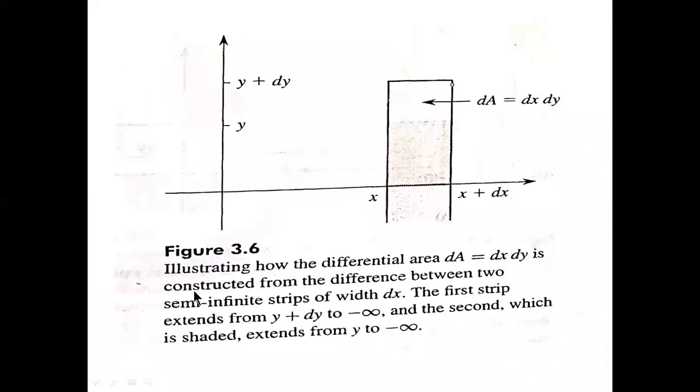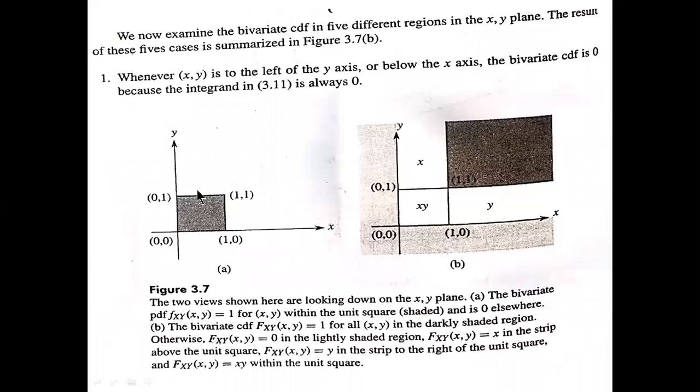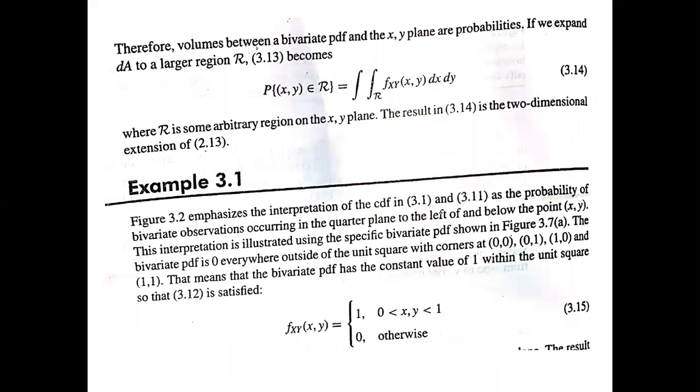That means it will exist only within this region. Otherwise, outside this region, the PDF is 0. And that means that the bivariate PDF has a constant value of 1 within the unit square. The probability density function is 1 within the unit square.